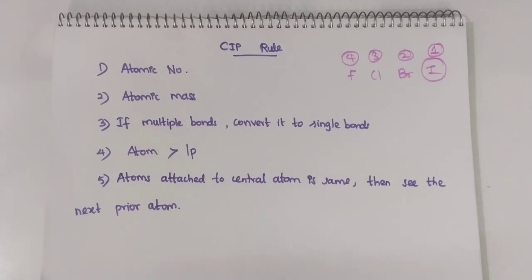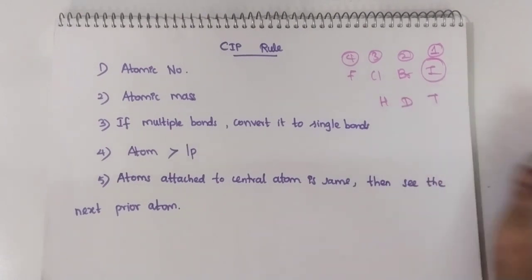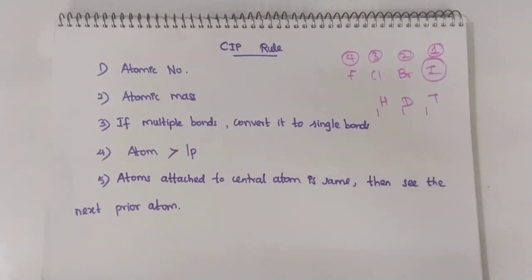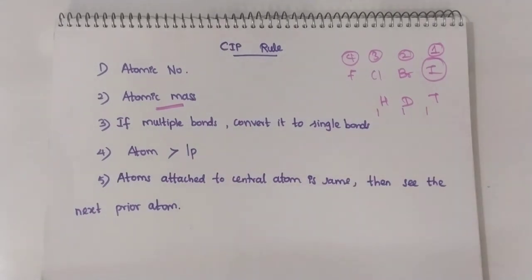Suppose that fails. In this case, hydrogen, deuterium and tritium all have the same atomic number, 1, 1, 1. These are the isotopes of hydrogen, so they have the same atomic number. In that case, you have to look at the atomic mass. If they have the same atomic number, then go for the atomic mass.